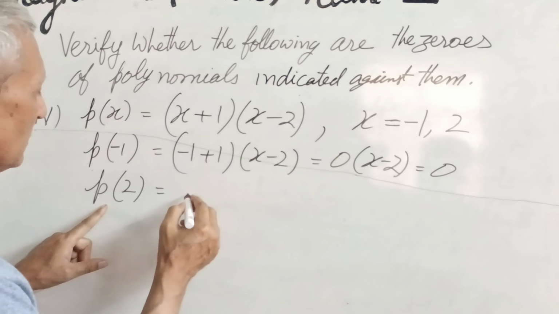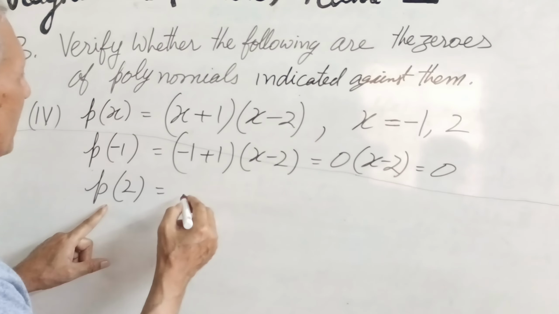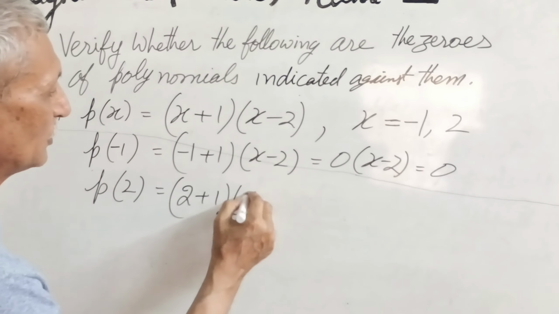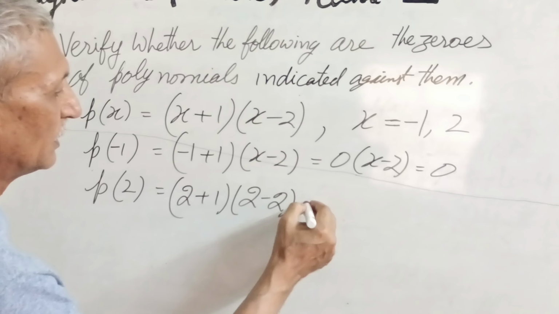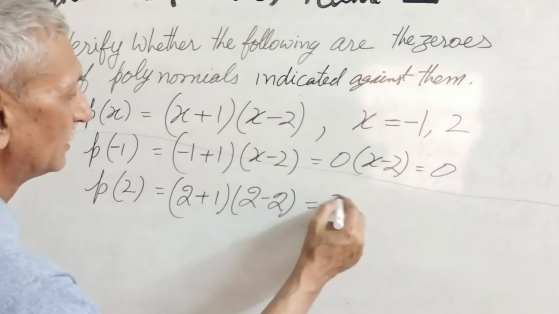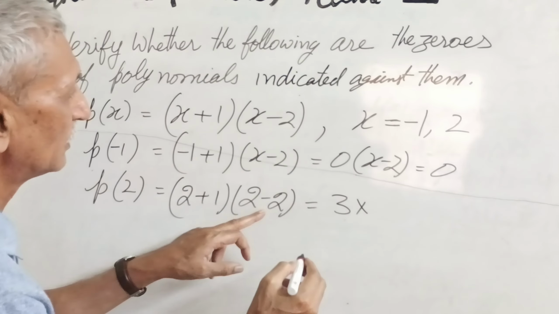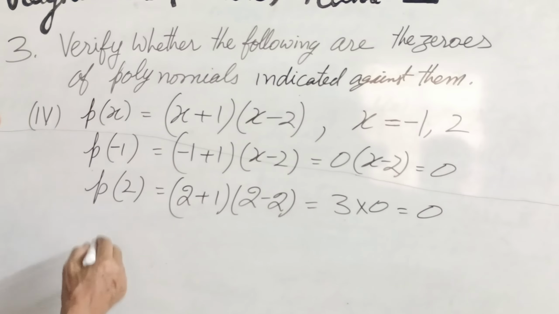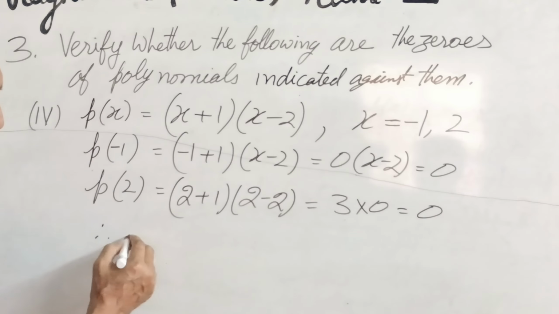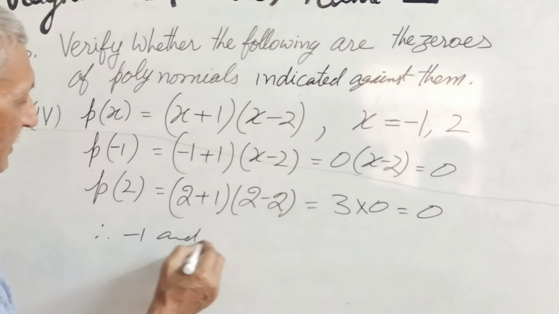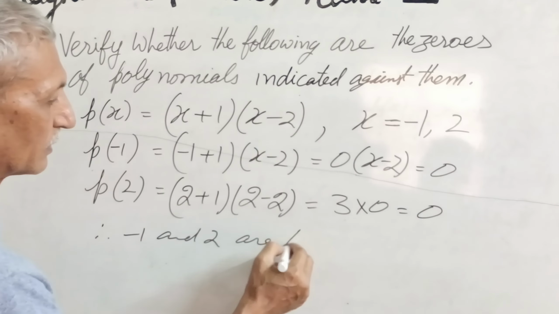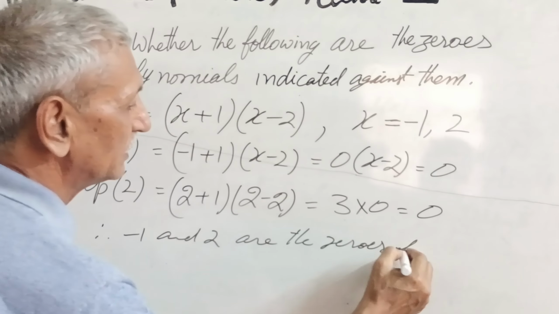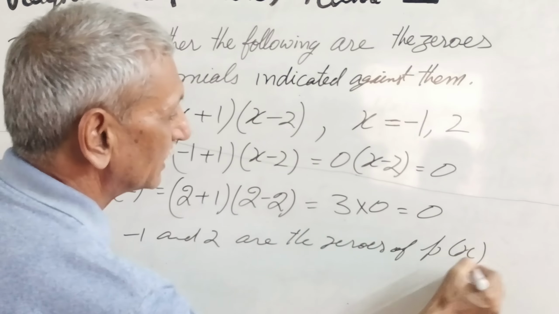Now 2, and when you put 2 plus 1 into 2 minus 2, that will give you 3 into 0, and that should again give you 0. Therefore, minus 1 and 2 are the zeros of the polynomial.